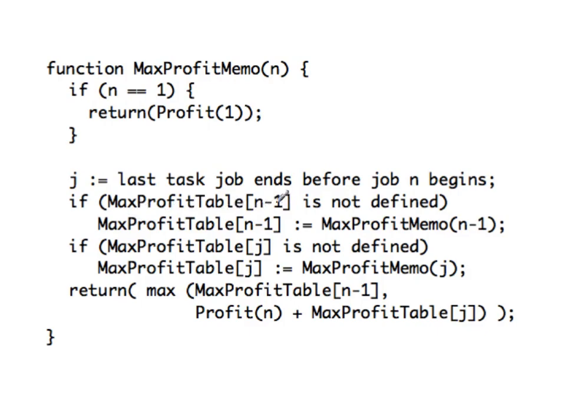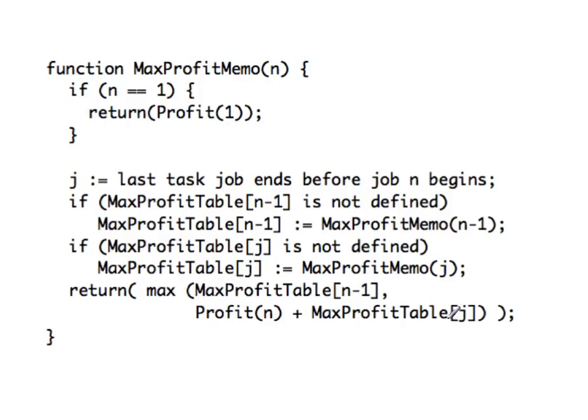If it has not been computed before, we compute it explicitly by calling recursively the same function. Similarly, if the value for j has not been computed already, we call it recursively and compute it and store it in the table. Now we reach a stage where we know that these two values have been computed, so we can now directly return the maximum of this table value or the profit at n plus this table value.